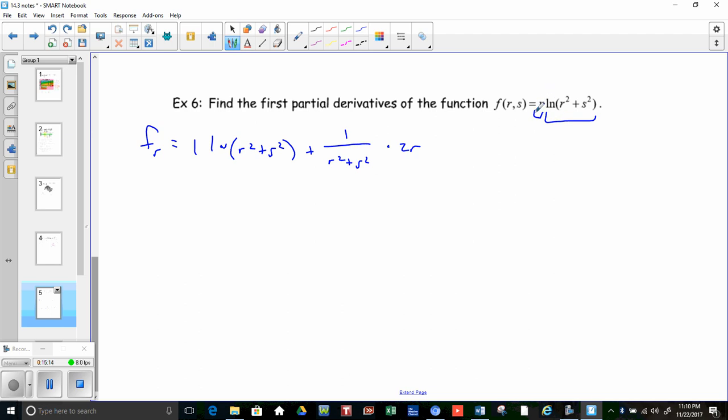And then you got to multiply it by the first. Don't forget that part. So this is the derivative of the second right here, and then times the first. So kind of cleaning that up there, it's going to be the natural log of r squared plus s squared plus, that's going to be, what, 2r squared over r squared plus s squared.